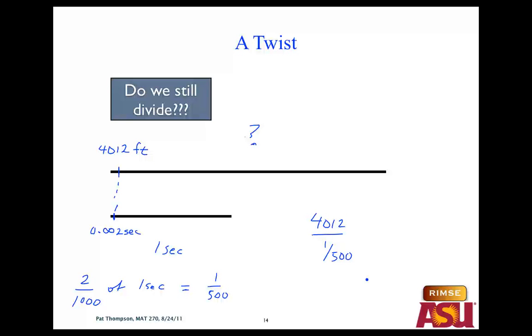Yeah, that's what I want to hear: the logic relative to the quantities. What's the logic for multiplying by 500? We have 500 of the 0.002 seconds, so you need 500 of the 4,012 feet. Well said. So there's 500 packets of 0.002 seconds in a second, so we need 500 distance lengths of 4,012.